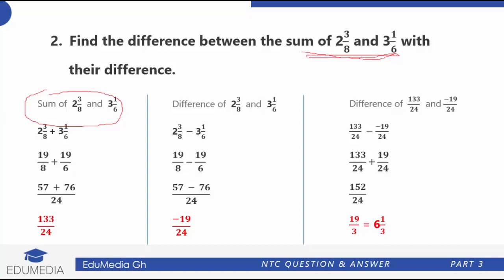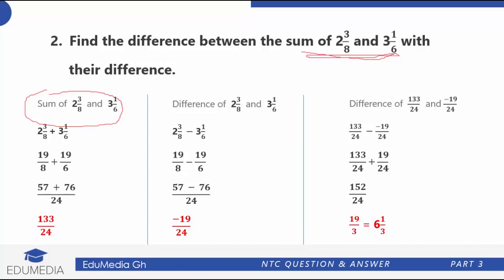So looking for the sum of these two, we take 2 whole number 3/8 plus 3 whole number 1/6. These are mixed fractions, so converting them to improper fractions, we get 19/8 plus 19/6. That's 8 times 2 plus 3, and 6 times 3 plus 1, which gives us the 19. Now we look for the LCM of 8 and 6, the least common multiple, that's 24.